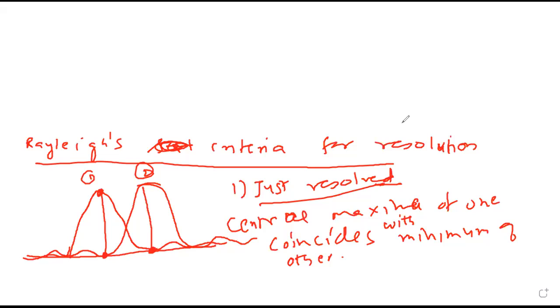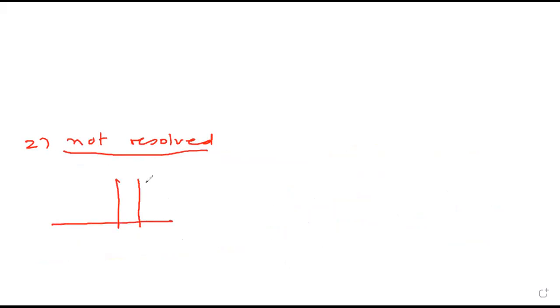Second one, not resolved. Then the distance between central maxima is such that maxima of one coincides with the maxima of other. दैट मीन्स देखो इधर भी ब्राइटनेस आया और पहले से ब्राइट है तो ये वाला इतना ब्लर दिखेगा, क्लियर नहीं दिखेगा.